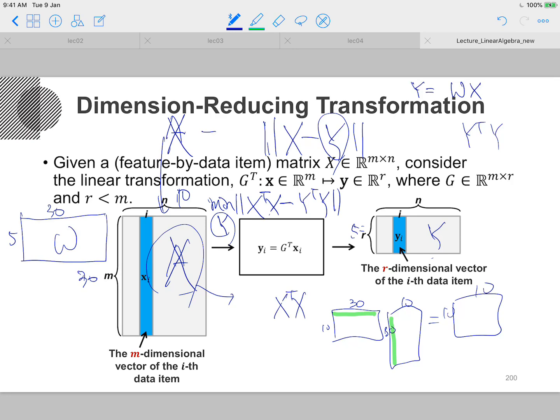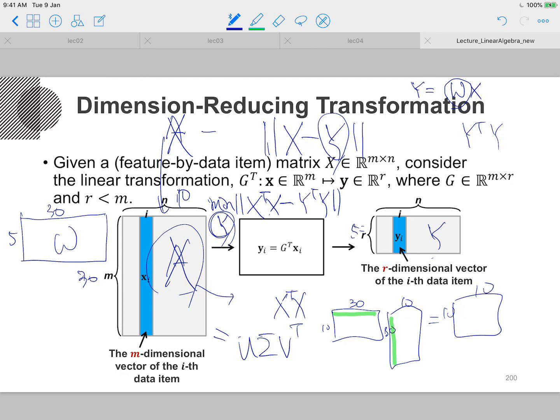So obtaining the best or optimal Y is the same as computing the best or optimal W, and that optimal W is obtained as what? So that is, suppose this X is represented as U, sigma, and V transpose as our singular value decomposition.